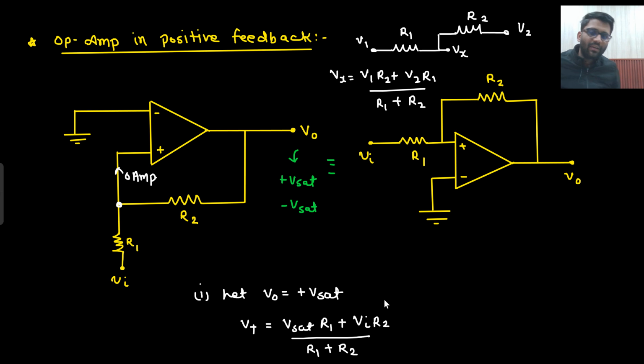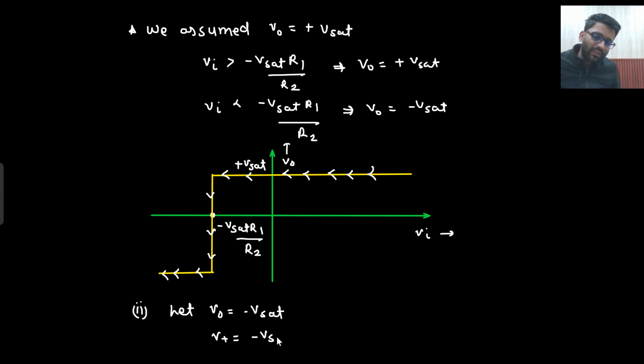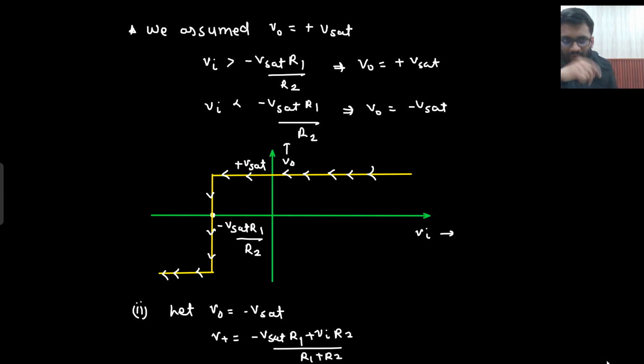V positive would have been minus V set into R1 plus V in into R2, divided by R1 plus R2. So what you have assumed is V0 equals minus V set.